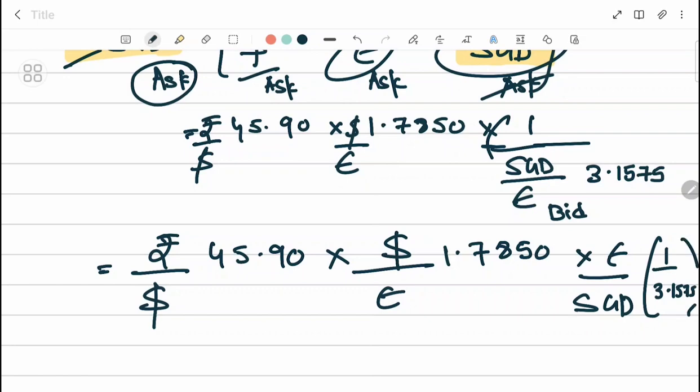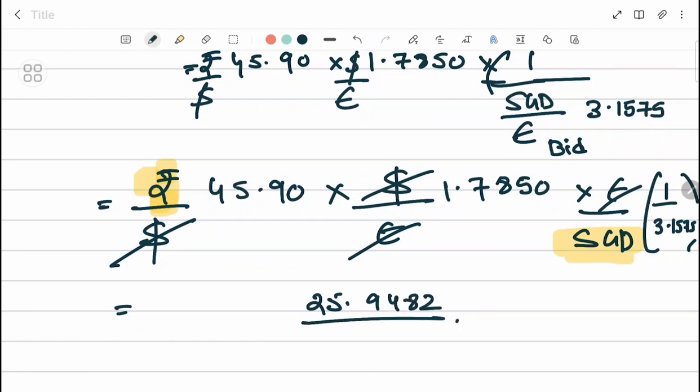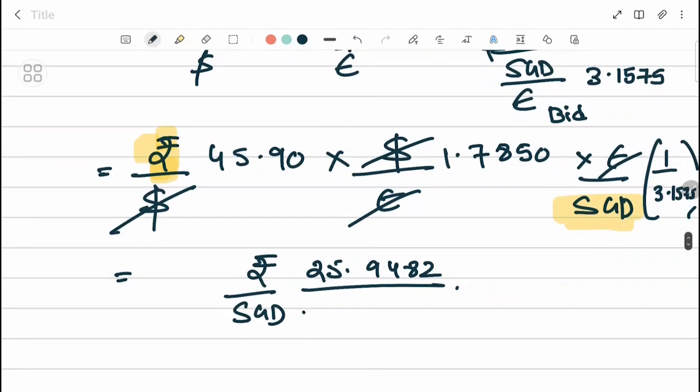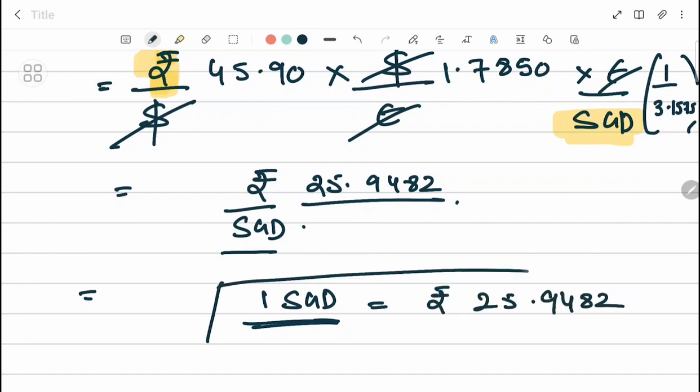So now you cancel out the currency. Dollar goes, pound goes. Finally, you are left with what you need, rupee by SGD. We already calculated the amount, I think 25.9482. Rupee by SGD, this is what we need, correct? So you can also write this as 1 SGD, because SGD is the standard currency, is equal to rupee 25.9482. This is just presentation.